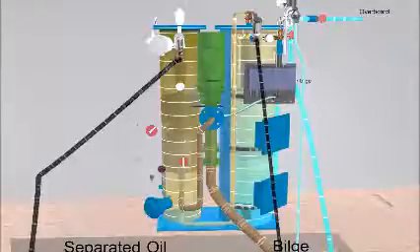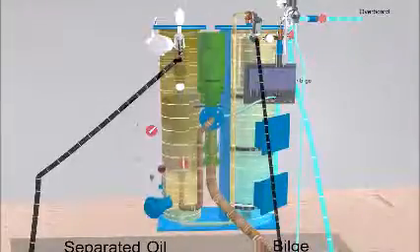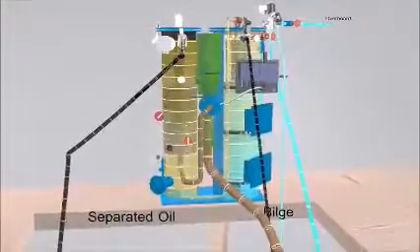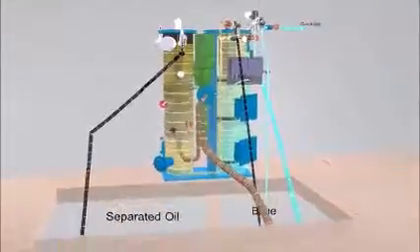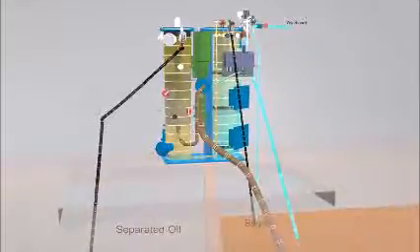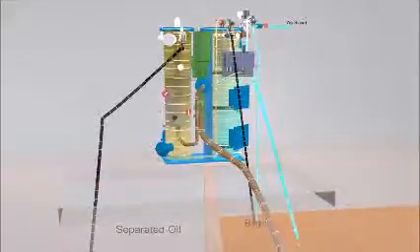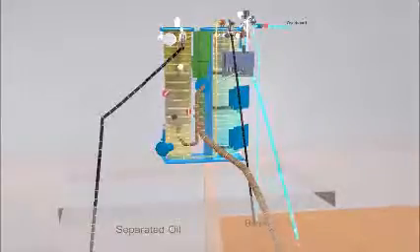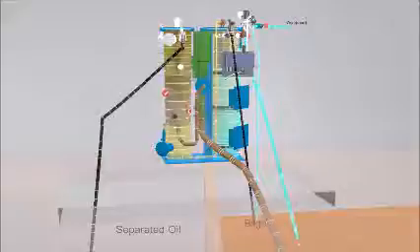The almost oil-free water passes into the central pipe and leaves the separator unit. An automatically controlled valve releases the separated oil to a storage tank. Where greater purity is required, the almost oil-free water passes into a filter unit.